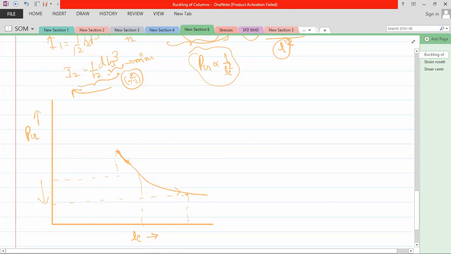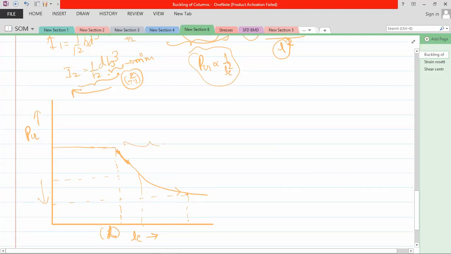Suppose this is your capital L up to which the long column will apply. After that, you cannot go like this; it will go like this. Now, what is the meaning of this?